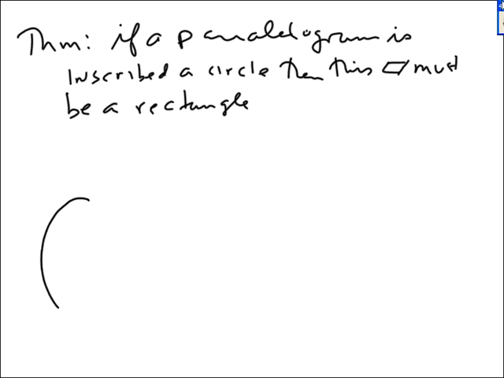So you have a circle and you have a parallelogram inscribed. So this line and this line. Well, it couldn't be that line. Actually, let's try to make the circle round first of all.